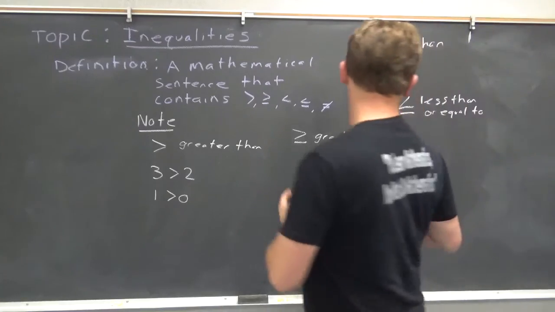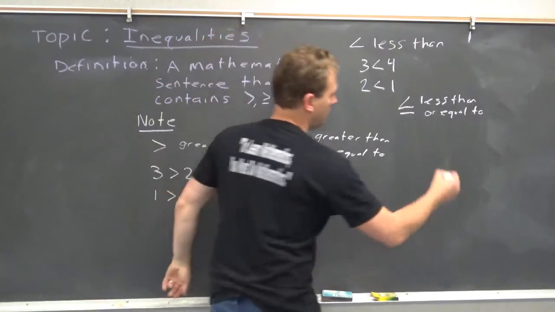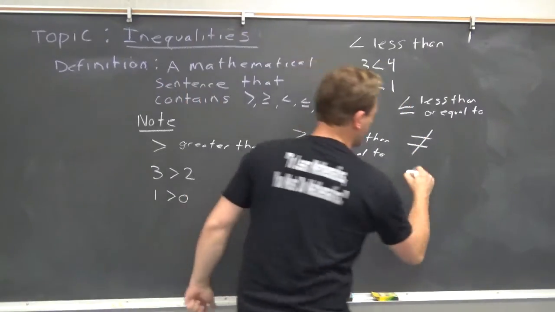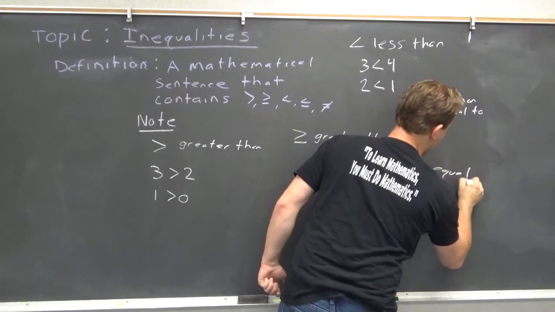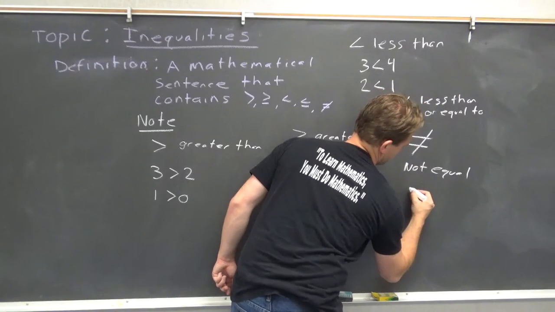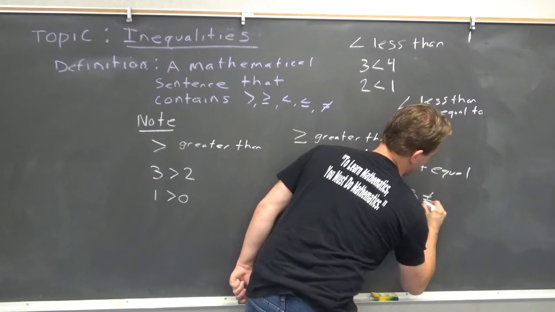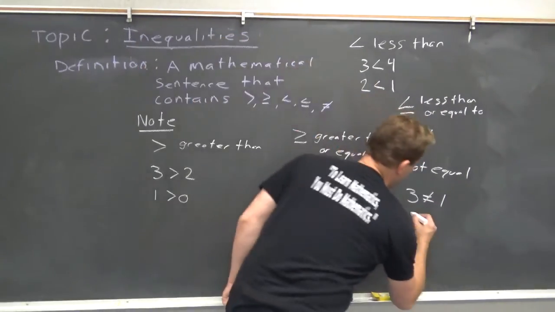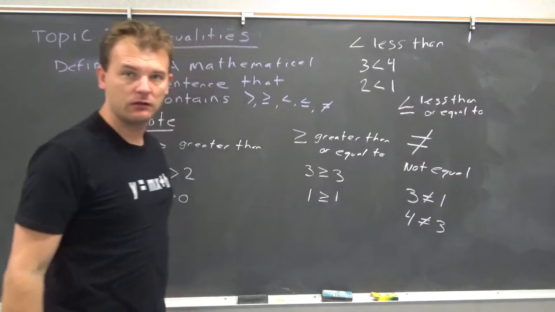And to show you this, the non-equal, this with an equal goes like this, it's not equal. So for example, 3 is not equal to 1. 4 is not equal to 3.